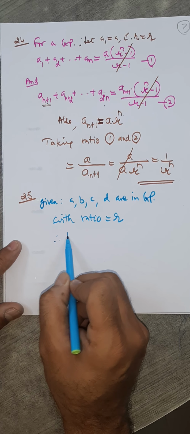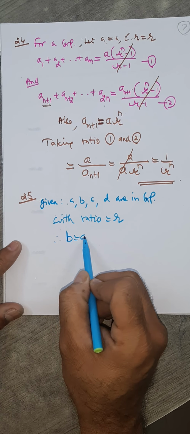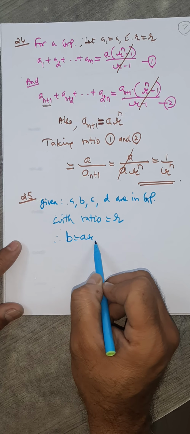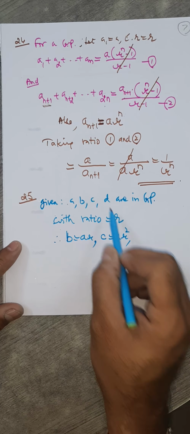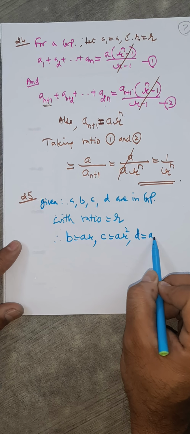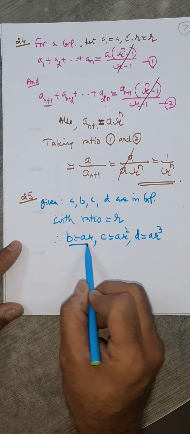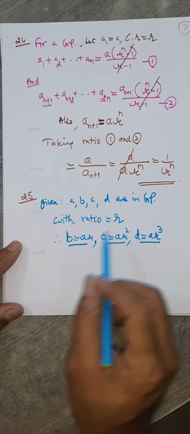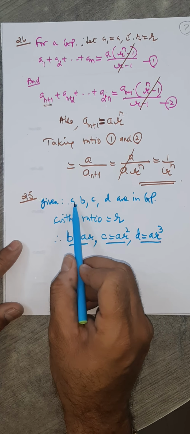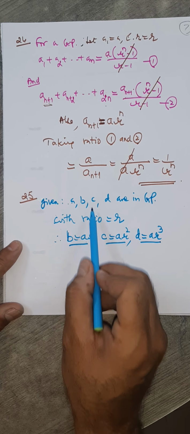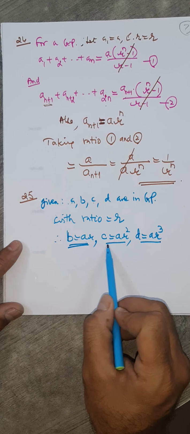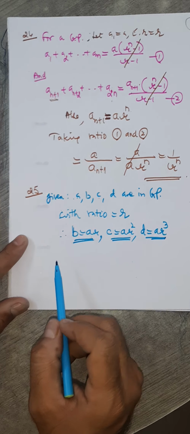So therefore b has to be ar, c has to be the third term, that is ar square, and d has to be ar cube, right? That's quite obvious. Everything you converted into a and r.